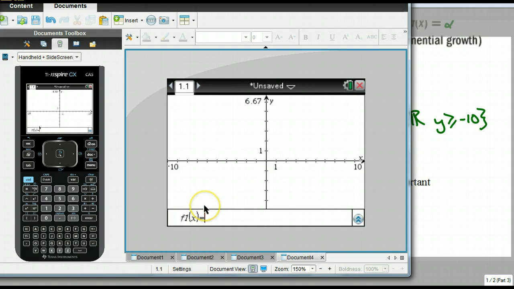And on the bottom here, I'm going to put square root. And I think I could just write it out like this. Square root of x minus 8 plus 5.